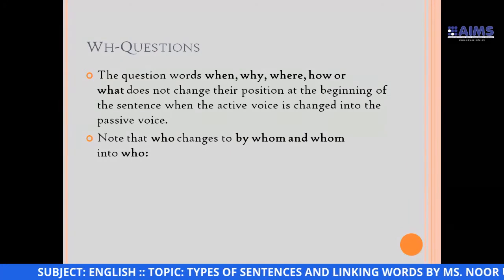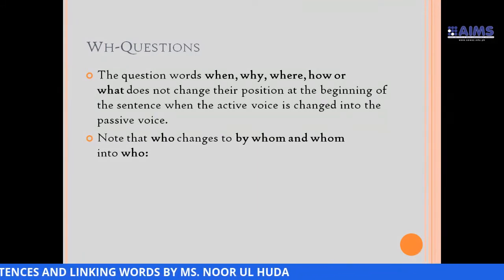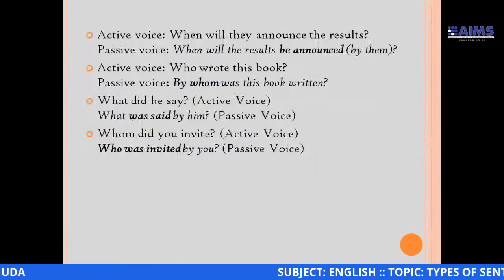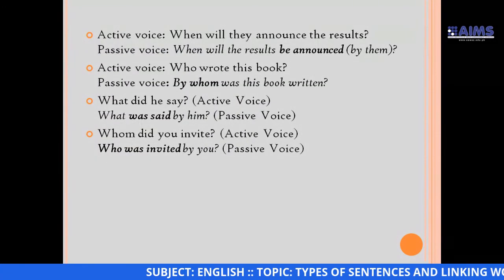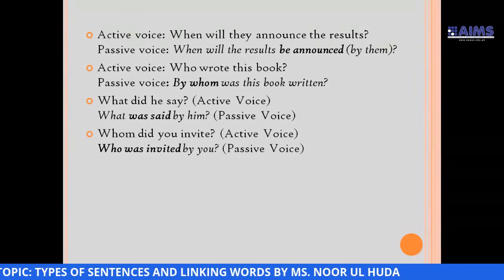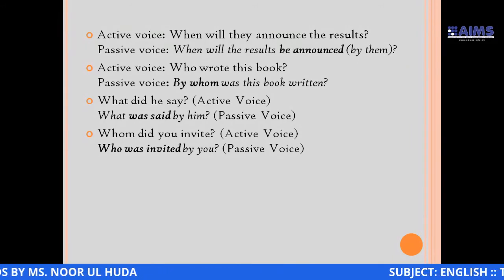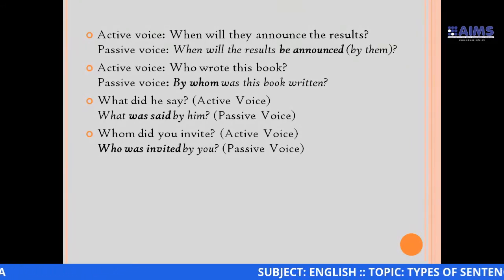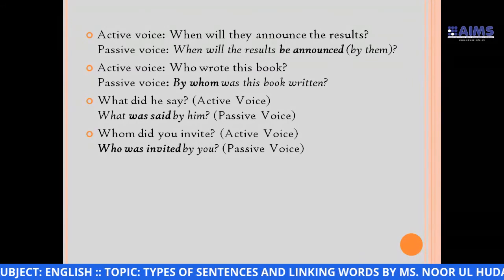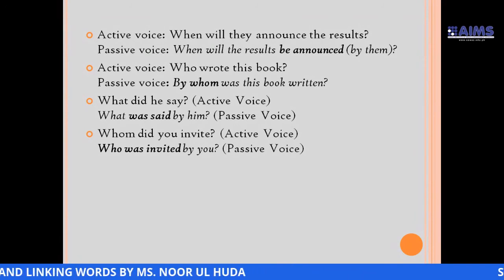But when we talk about who and whom, who changes to by whom and whom changes to who. Now here are some examples. The active is: When will they announce the result? So when is one of the WH words which does not change its position when we form a passive sentence.